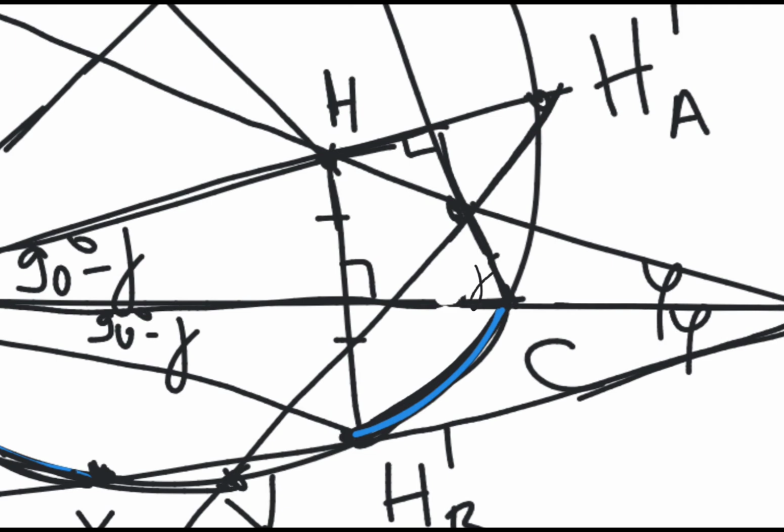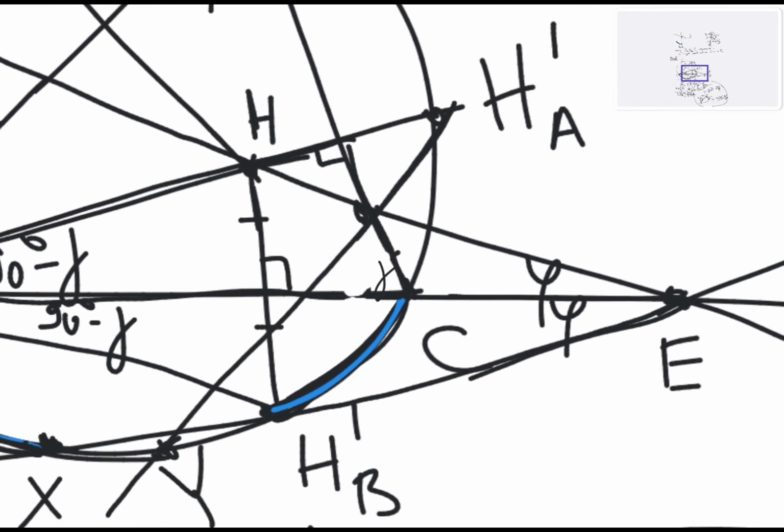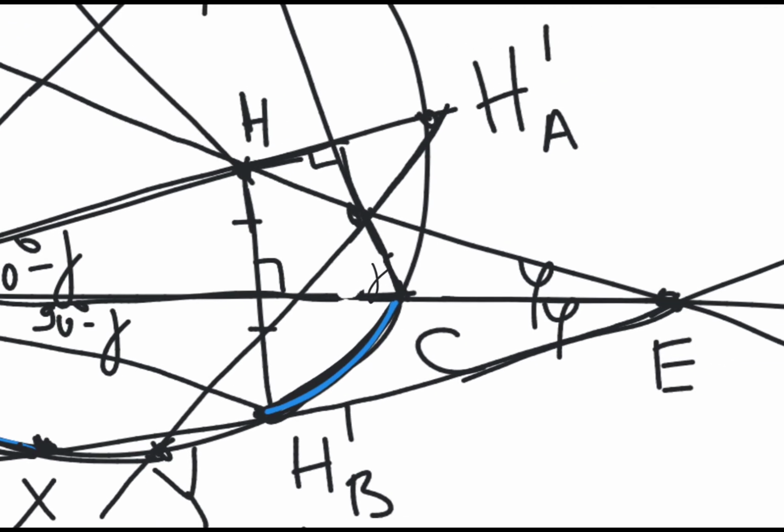Now let's calculate this angle. Gamma is the external angle to the triangle, this one that I highlight in green. In this triangle, gamma is the external angle, so it must be equal to the sum of phi and this unknown angle that we want to calculate. So this angle is then equal to gamma minus phi.